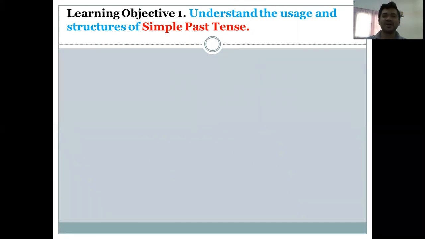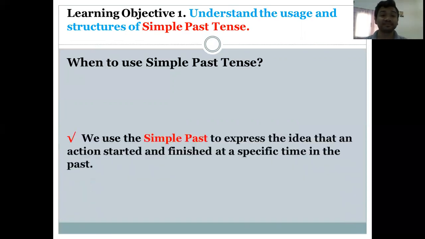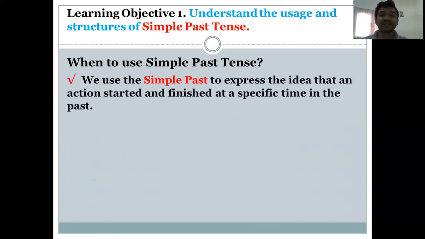Now, once again, when can we use simple past tense? Do you have any idea when to use simple past tense? Can you think? Let me see if your answer is correct. We use the simple past to express the idea that an action started and finished at a specific time in the past.